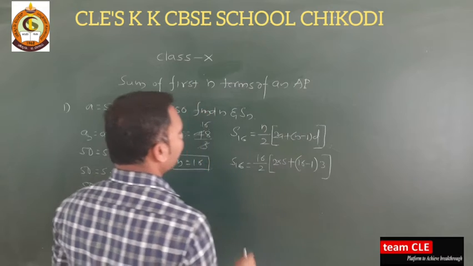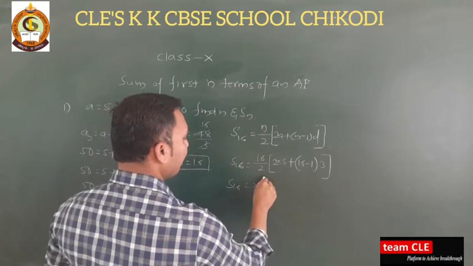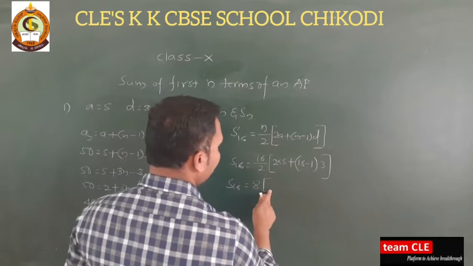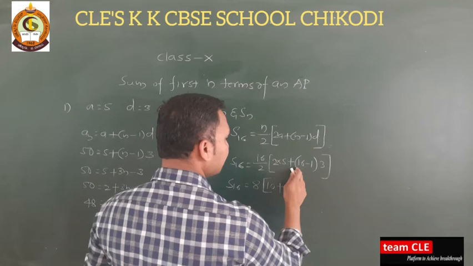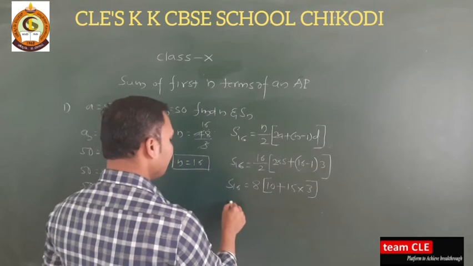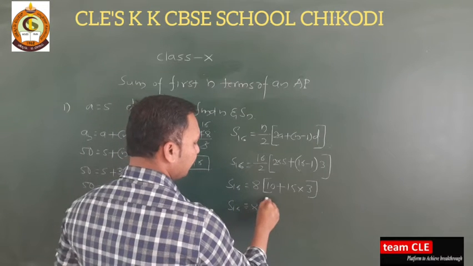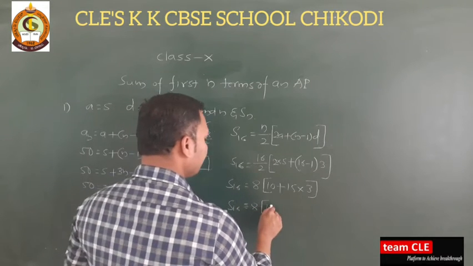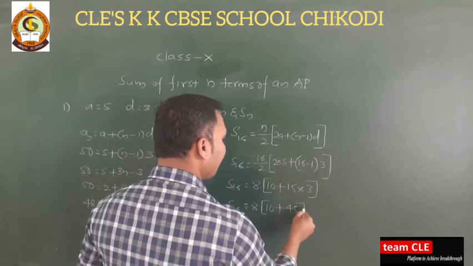Next, S of 16 is equal to 8 into bracket of 2 into 5, which is 10, plus 15 into 3, which is 45.